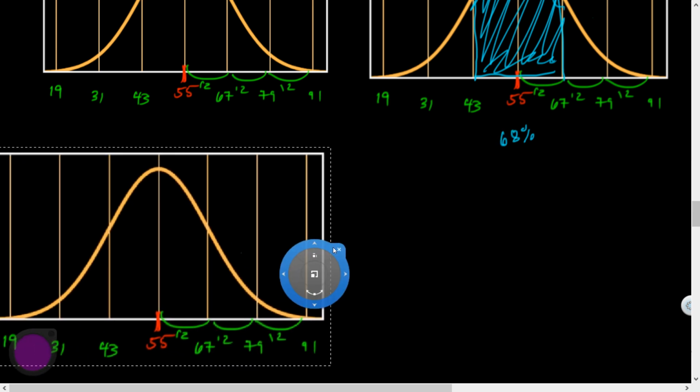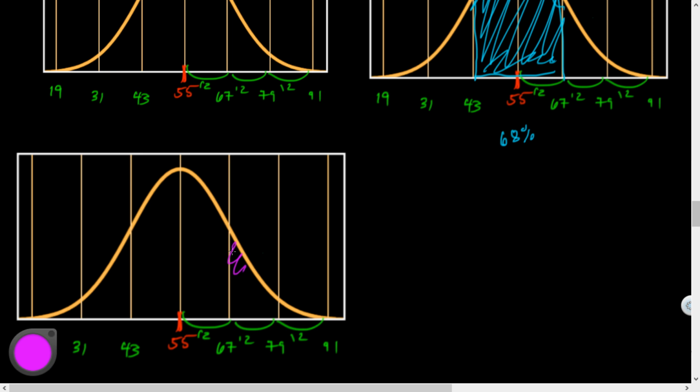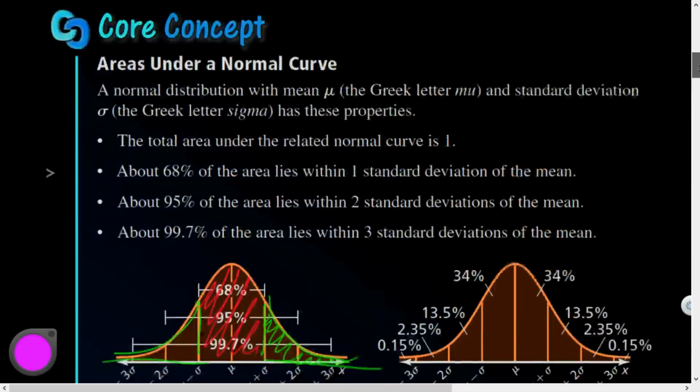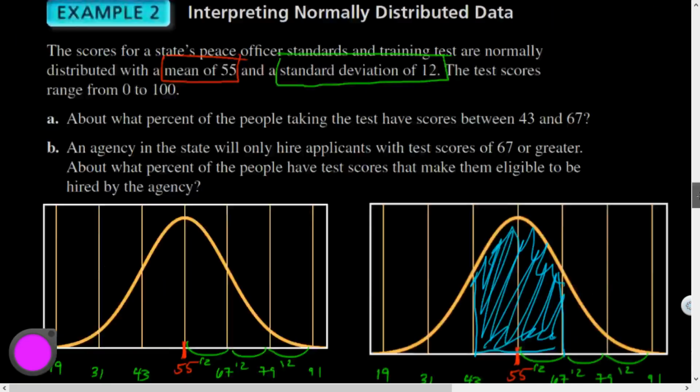All right, so here we go. So 67 or greater is this. So that's everyone that is more than 1 standard deviation, and you remembered that that was similar to what we had just done up here, right? So that's the same as 13.5 plus 2.35 plus 0.15, or all of this work that we did here, it's going to be 16%.